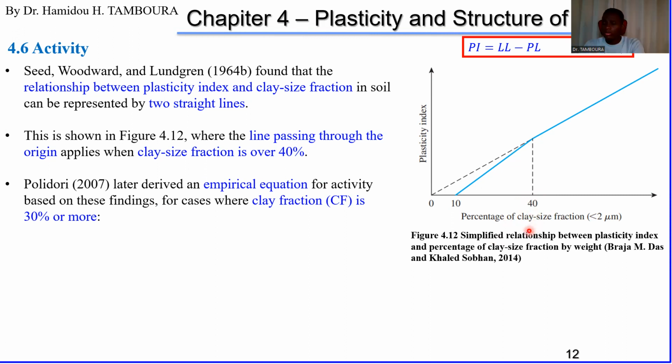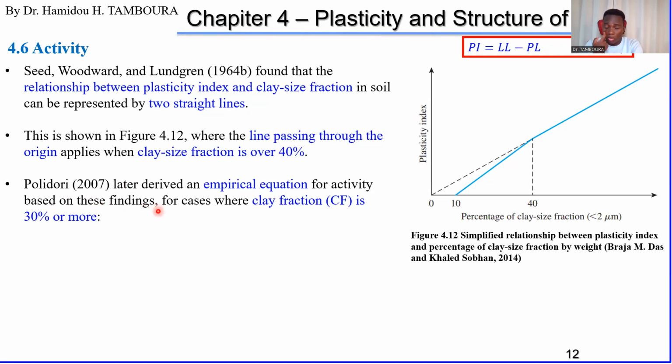So this reference took that finding and said, okay, we will try to find out from which value exactly we have this line. So they derived an empirical equation for activity based on these findings.